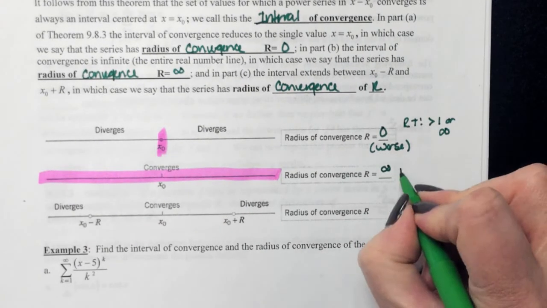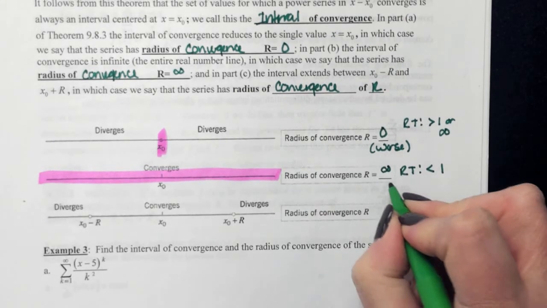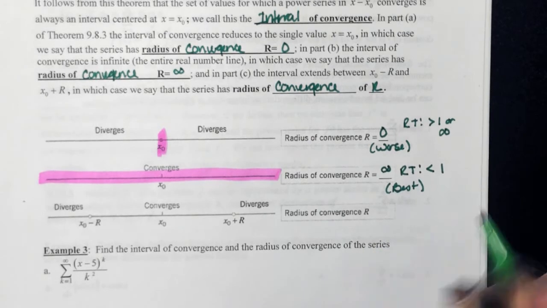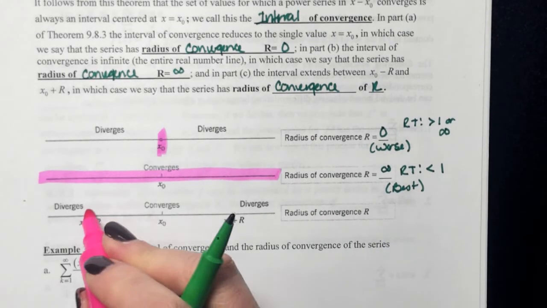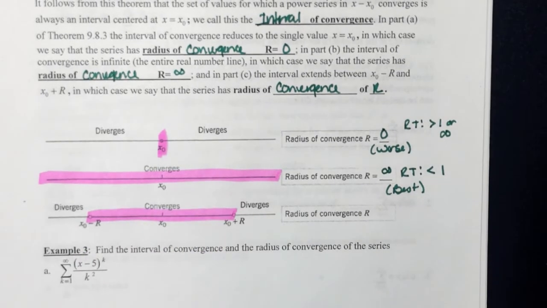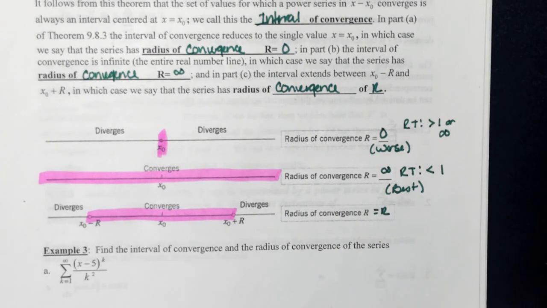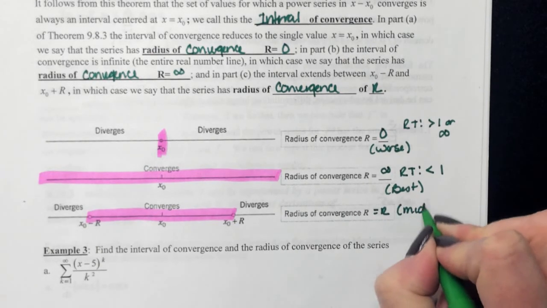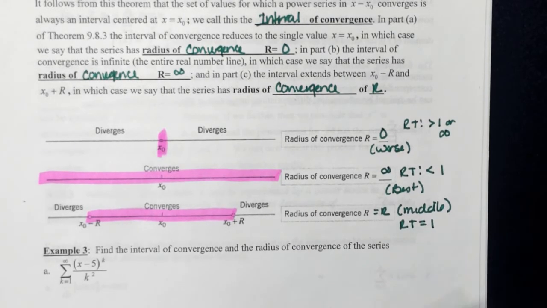And again, this is going to happen when your ratio test is less than 1. And again, this is your best case scenario. If you have the finite interval, we say the radius of convergence is equal to r. And again, this is your middle of the road. And this happens when your ratio test is equal to 1.